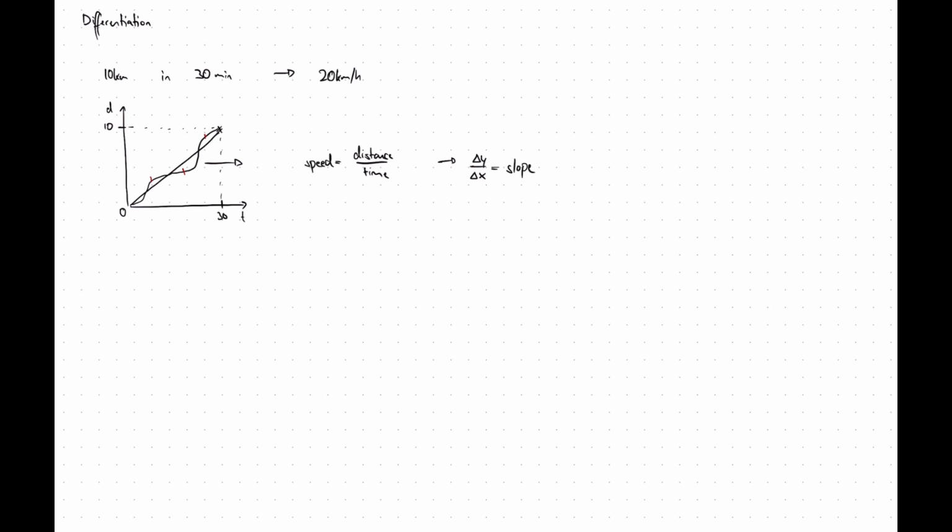You will find an equation. So from the equation for distance in this case, you can then find the equation for speed, and that is done through differentiation.